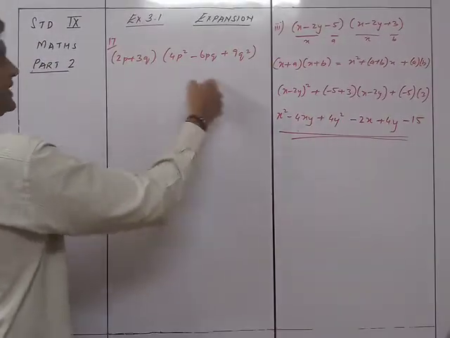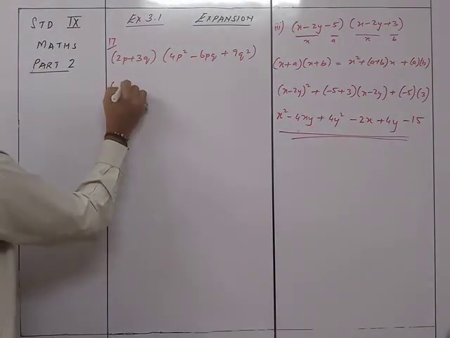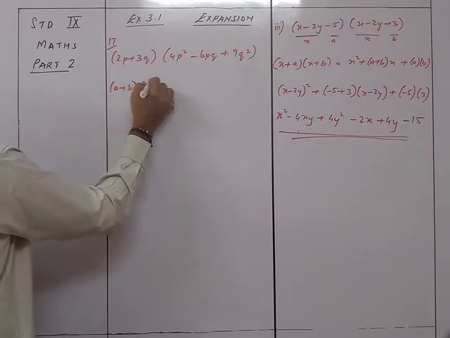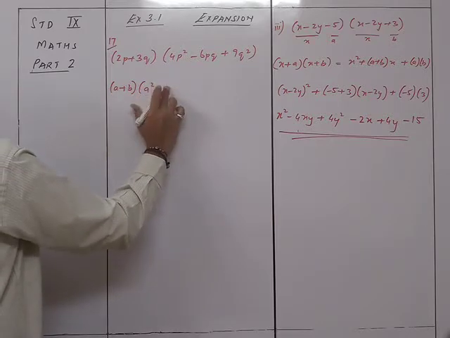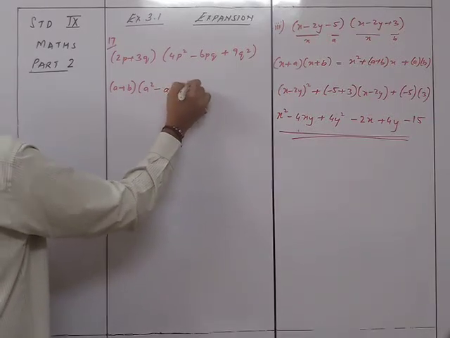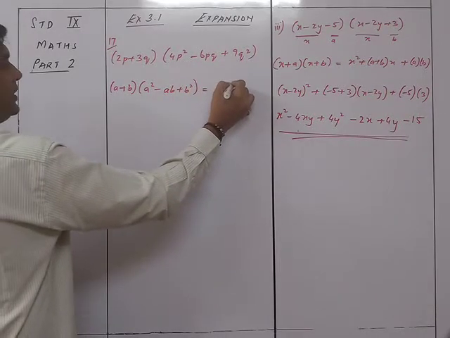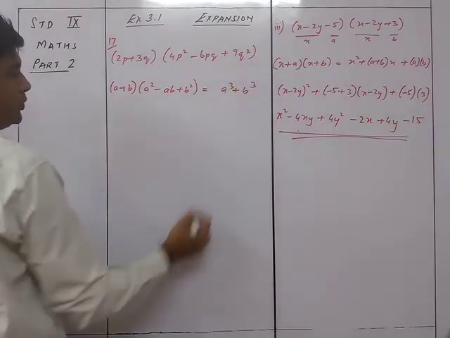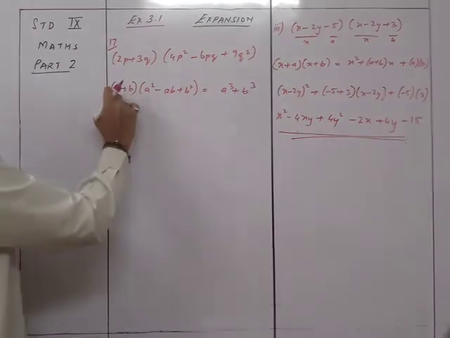Now you can see this is the format of (a + b)(a square minus ab plus b square), which is nothing but a cube plus b cube. So this is a, this is b.